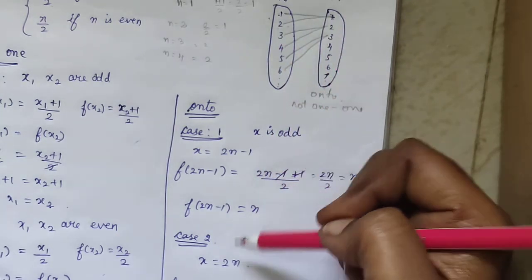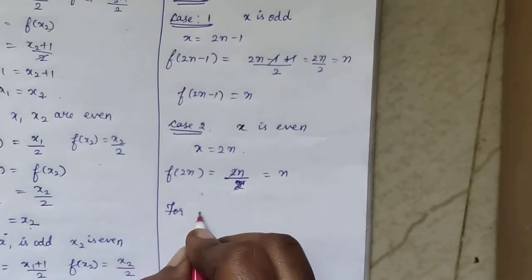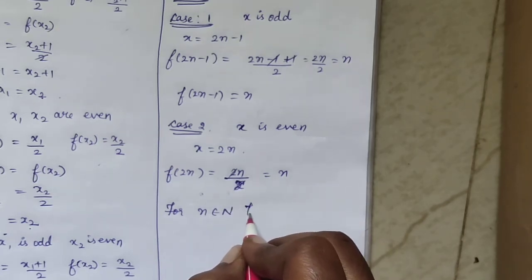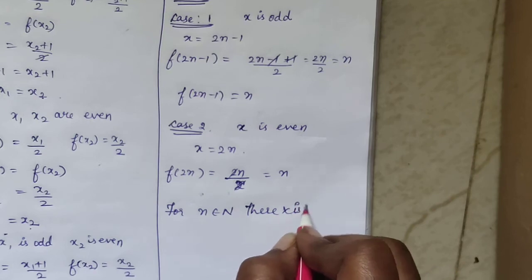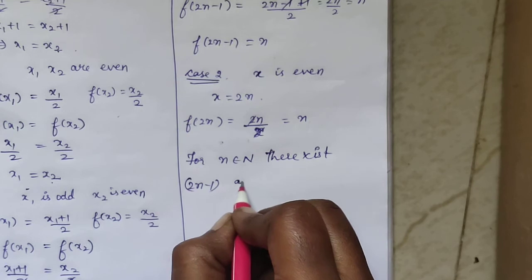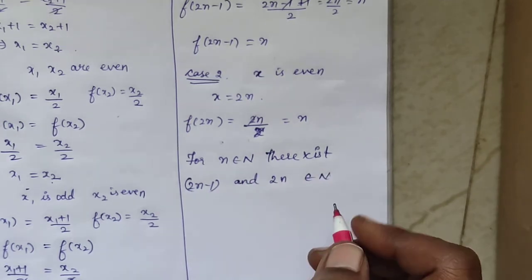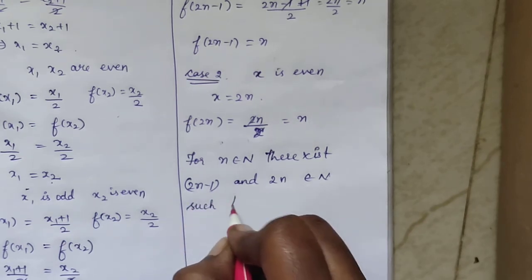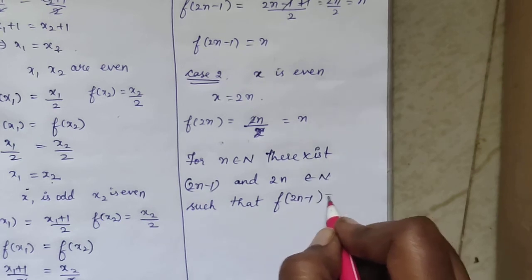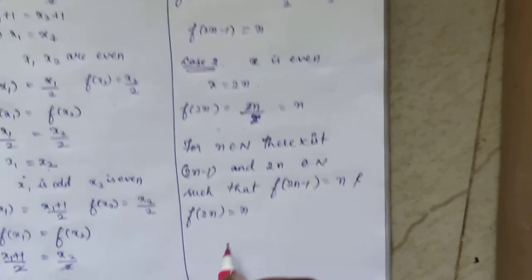Therefore this proves it for both the odd number and the even number. So for n belongs to capital N, there exist the odd number 2n minus 1 and the even number 2n that belong to capital N, such that f of 2n minus 1 is equal to n and f of 2n is also equal to n.